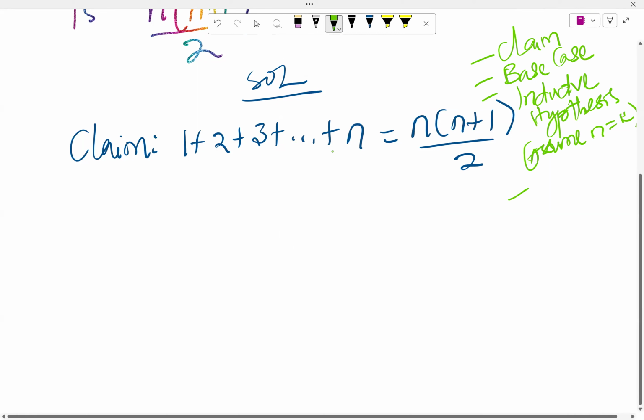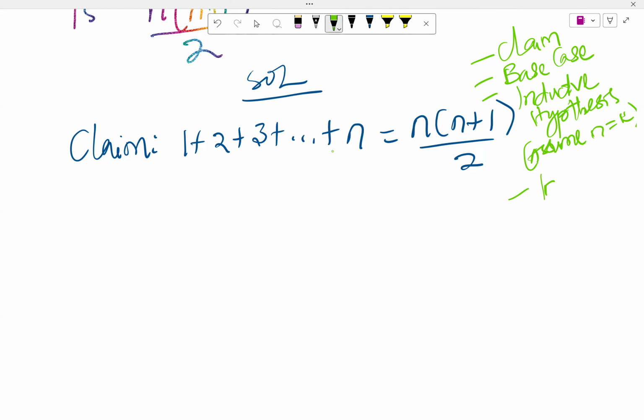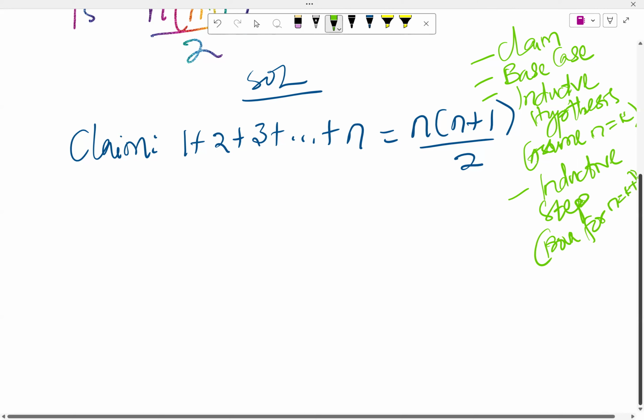And finally, you have the inductive step. At the inductive step, that's where you do the real work, where you prove the claim for n equals k plus 1. And finally, you make your conclusion, right?